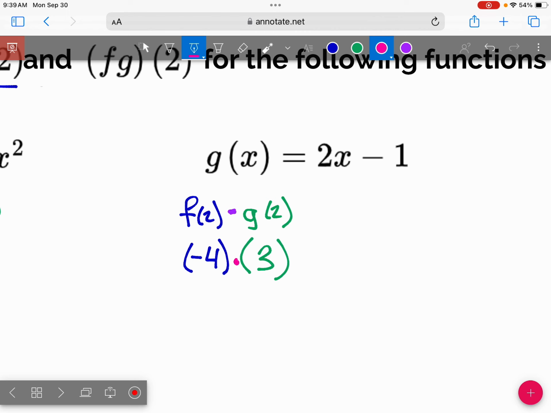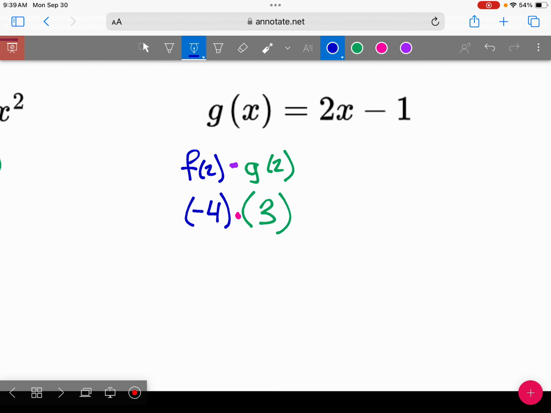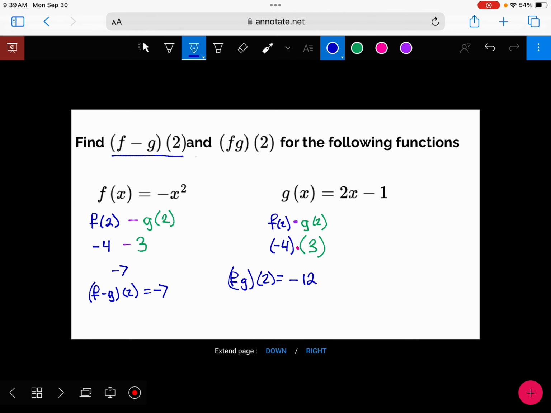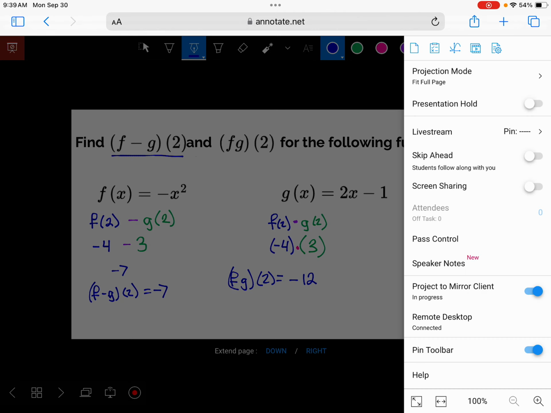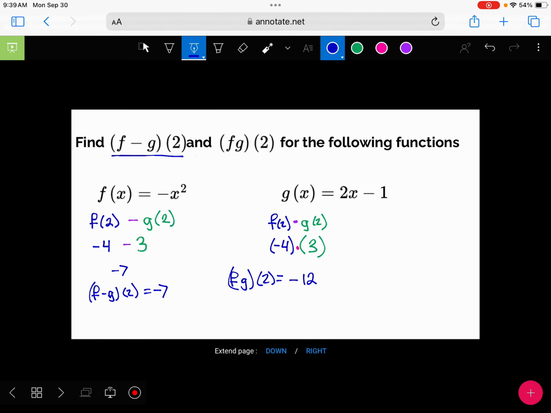What is negative 4 times 3? Negative 12. So our f times g of 2 equals negative 12. So you can evaluate it at the numbers and just make your life a whole lot easier when you're doing values like this.